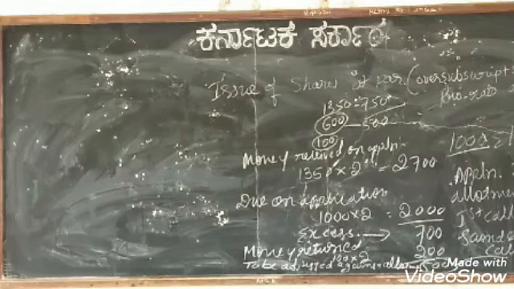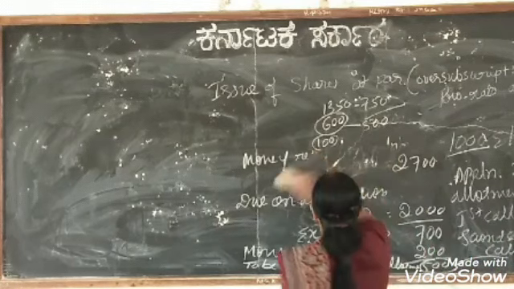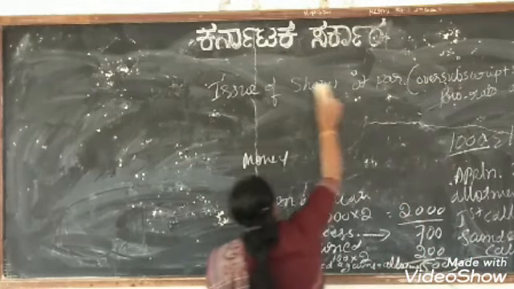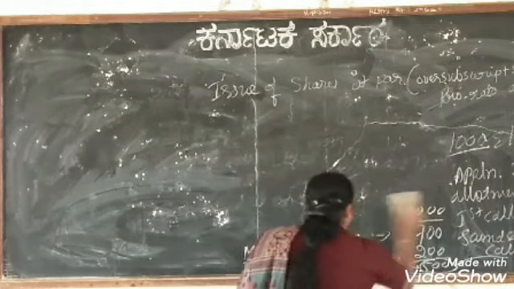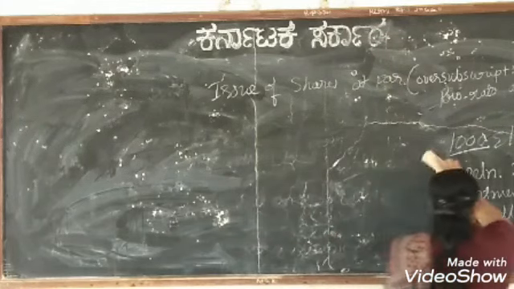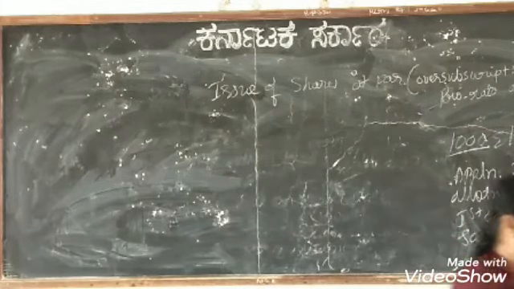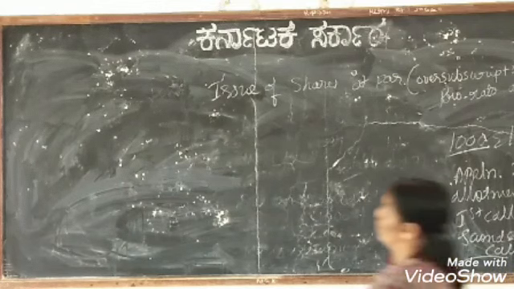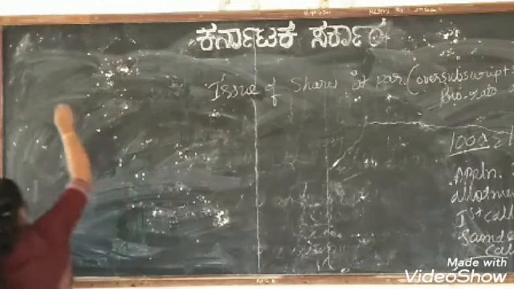Now we'll pass the journal entries. And I just wipe it. Now if you have taken the working note, you can take it here. Otherwise, you can pause it, go reverse and see again.